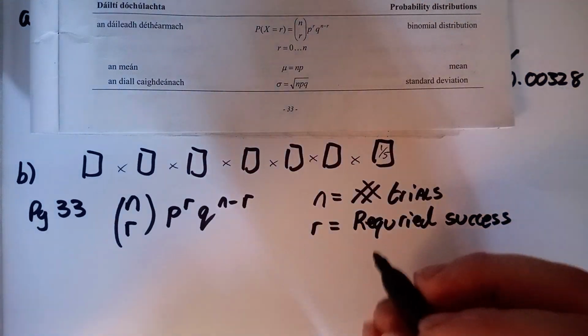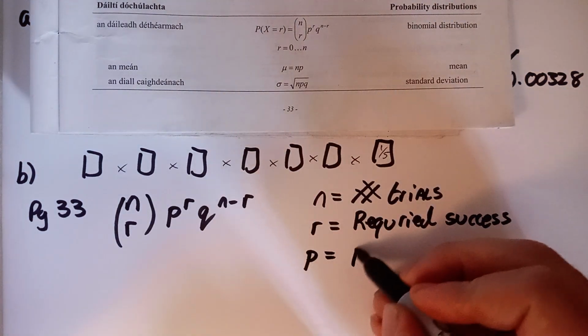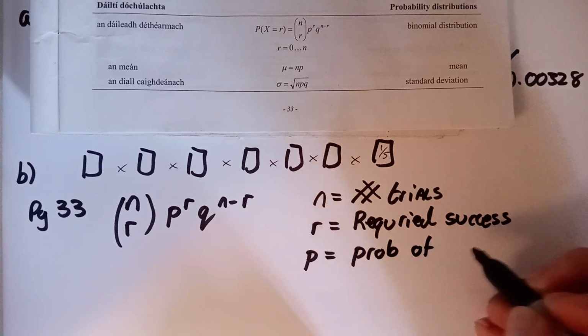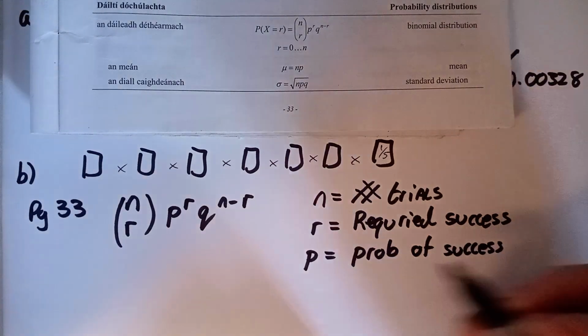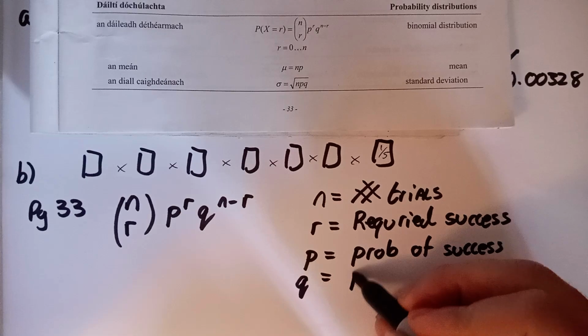Then p is the probability of success, and q is the probability of failure.